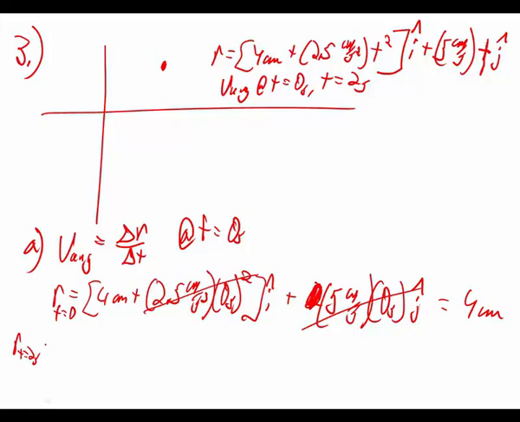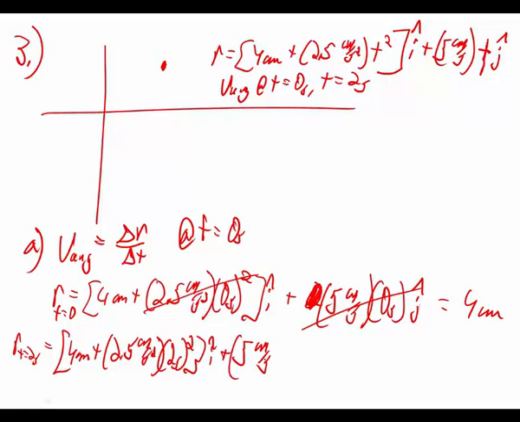What about R at time equal to 2 seconds? Well, plug it in. So we have 4 centimeters plus 2.5 centimeters per second squared times 2 seconds squared, close the brackets, I, caret cap, plus 5 centimeters per second times 2 seconds, J. Then what do we get?